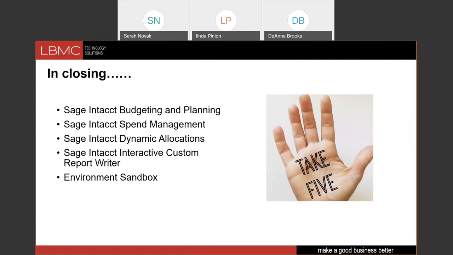Yes, we did have a question about dynamic allocations. A person asked, how about allocations by headcount? Yes, absolutely, and that's something that a lot of folks do. So you can actually use transaction allocations for some of those calculations for headcount as well.